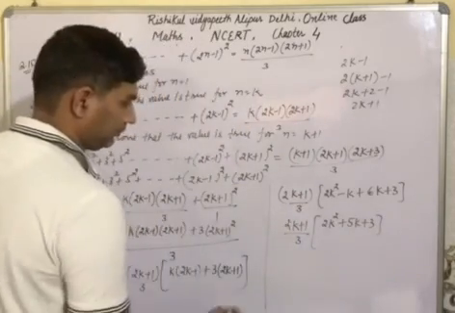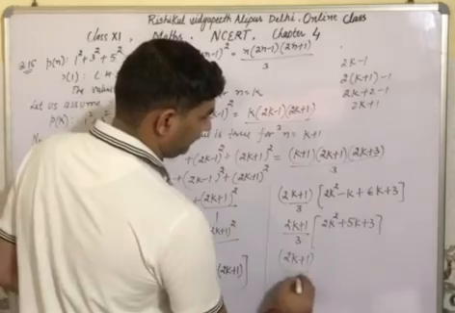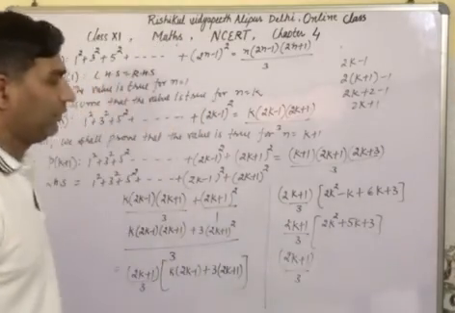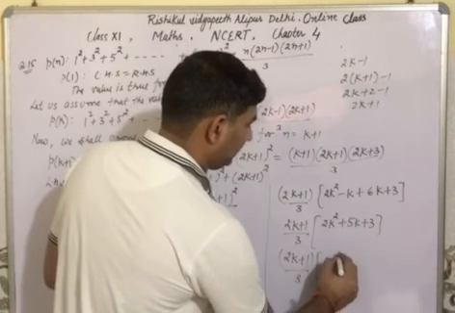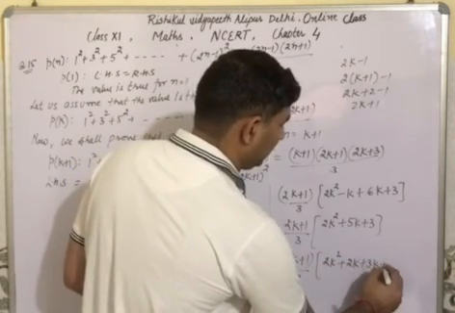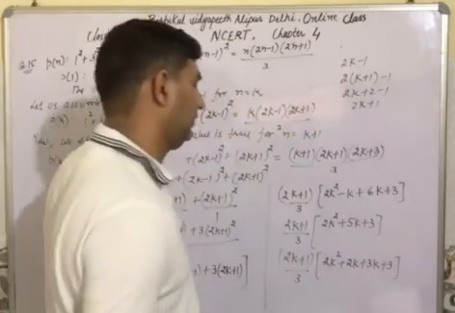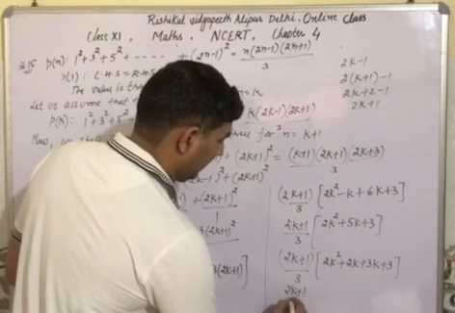Then solve this quadratic: 2k square plus 2k plus 3k plus 3. 3 times 2 is 6, 3 plus 2 is 5. And then 2k plus 1 by 3.